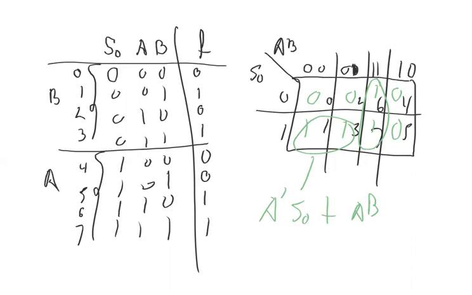Presumably I numbered this correctly. I'm just checking. So that's a way to tell something's wrong. Something's not right. 0 0 0 1 1 1 1 0. So 0 1 2 3 is 0.